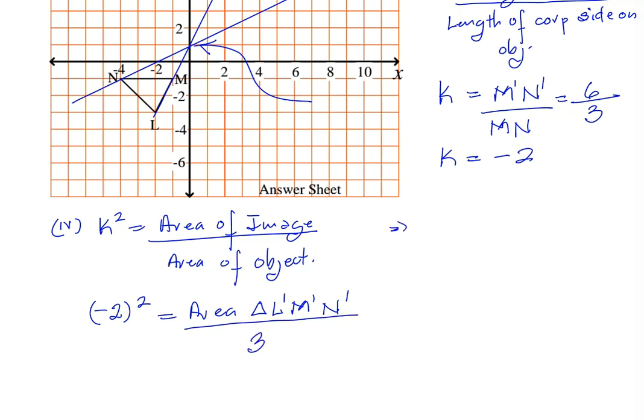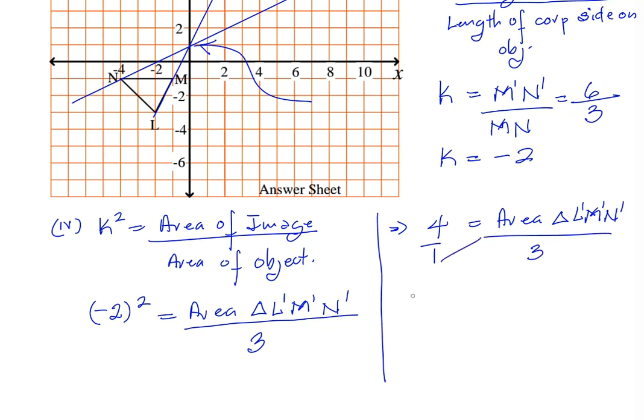So I can say, therefore, 4 over 1 is equal to the area of triangle L prime, M prime, N prime over the area of triangle LMN, which is 3. If I have one fraction equal to one fraction, I would cross multiply.